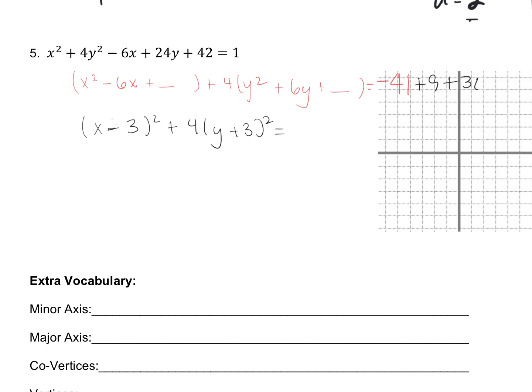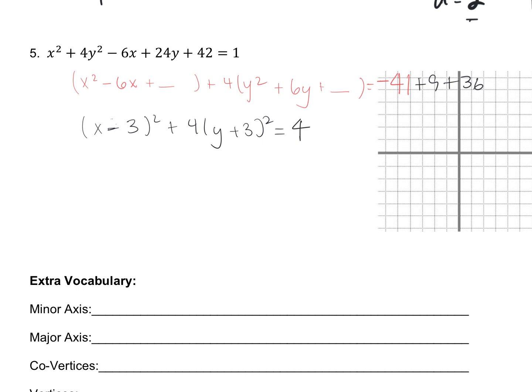Is that what y'all did? And so I wound up with a 4 here. Okay, everybody get at least that part, good?